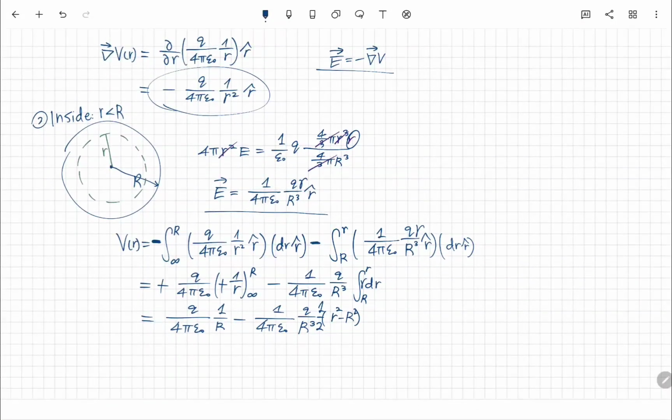Now let's compute the gradient of potential in this case. The first thing goes to 0.